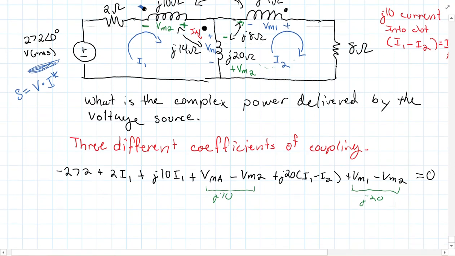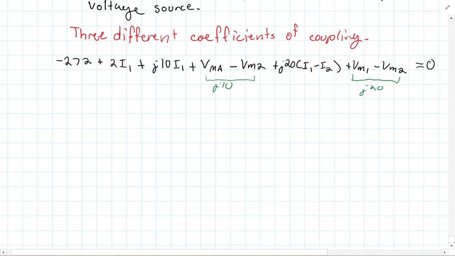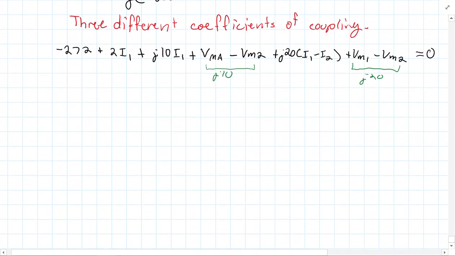Alright, so let's start working on simplifying this equation. If we simplify, we'd move the 272 to the other side. But then we'd have 2I1 plus j10 I1, and then VMA, because we're coupling into the A current, that would be j14, because that's the coupling impedance between the 10 ohm and the 20 ohm inductor.